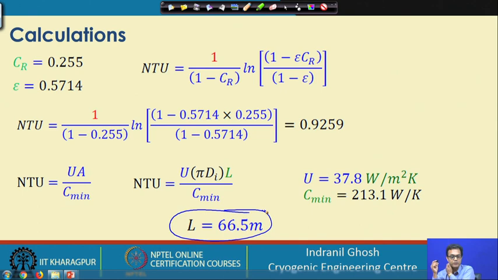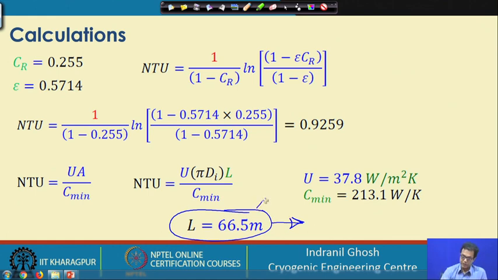So, in this lecture we are able to find that both the epsilon-NTU and the LMTD approach give the same estimate of the overall heat transfer length needed to cool the oil from 100 degrees to 60 degrees.